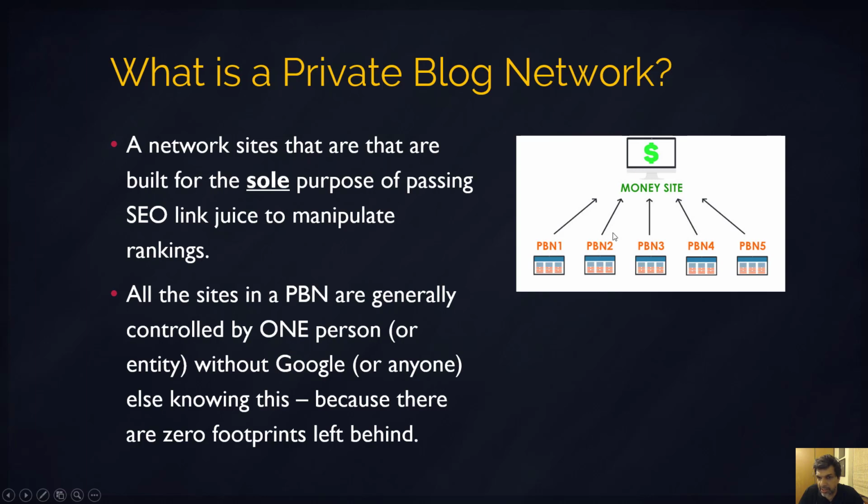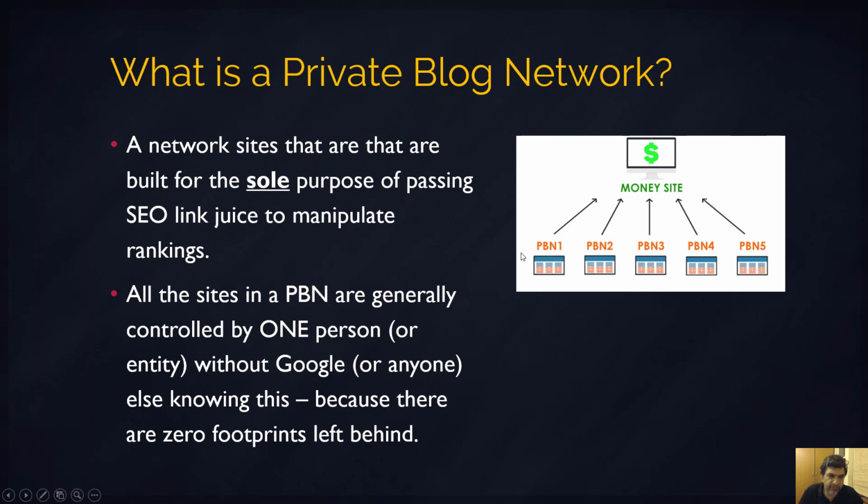They're linking out to the money site, and by linking to it, they're passing a lot of link juice and ranking power, but the sites are not interlinked to one another in any way, and there's no footprint that's left between them.